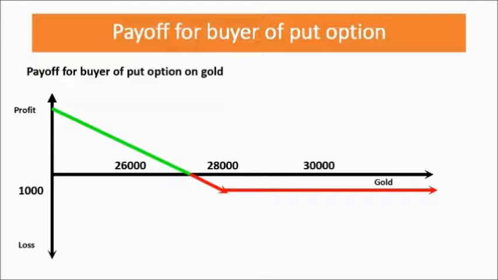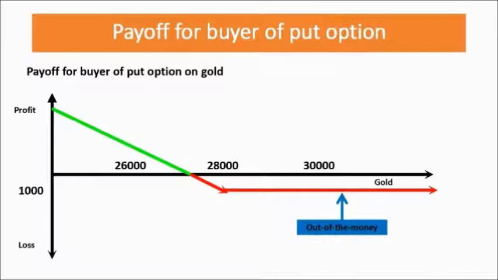So he remains in loss as long as the price doesn't come down. He will make profit if today's market price goes below 26,000. For example, in this example, we can consider 30,000 as today's price, but he has bought a put option of 28,000.